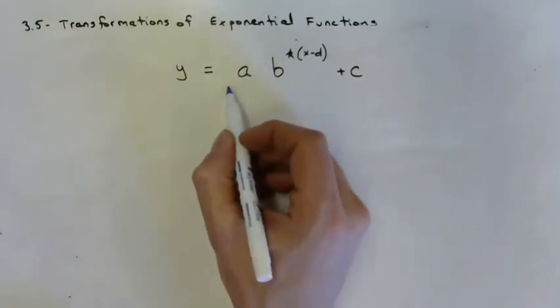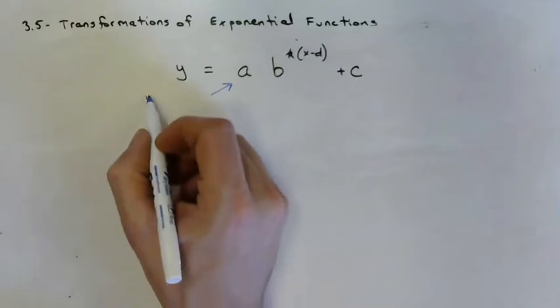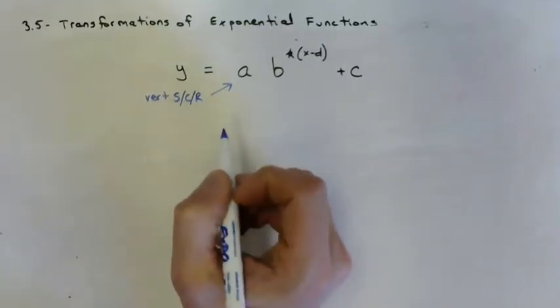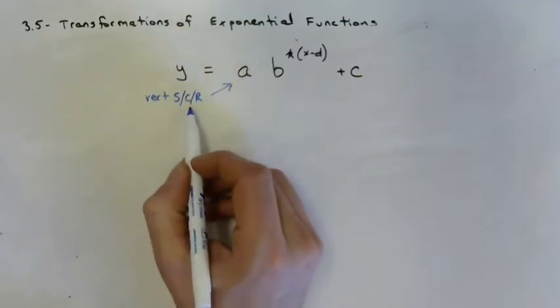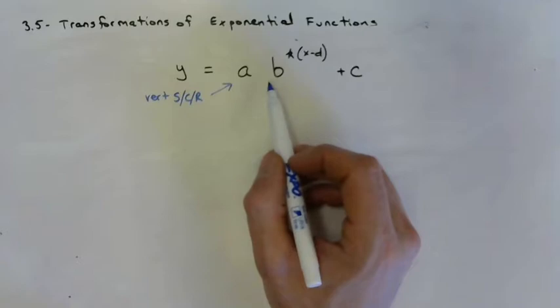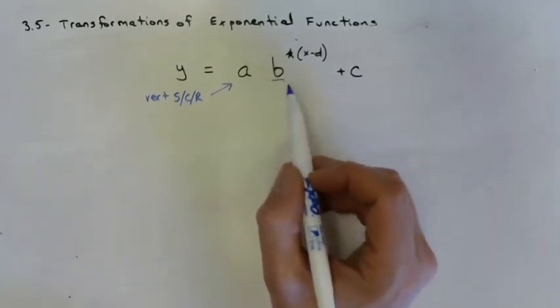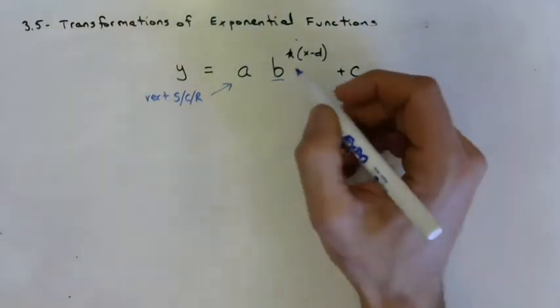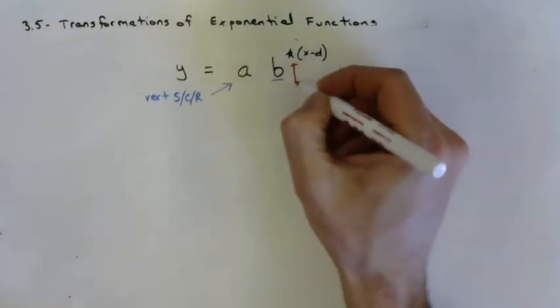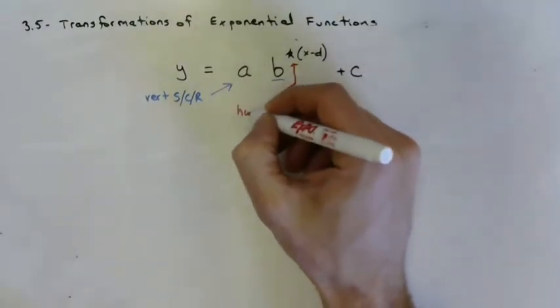What does A do? Vertical stretch or compression. Reflection over the x-axis. Okay, A is vertical stretch, compression, or reflection. B is the base of your power. So it's not a parameter, it's going to be a value that's given. Okay, now what does K do? Horizontal stretch, compression, reflection over the y-axis.